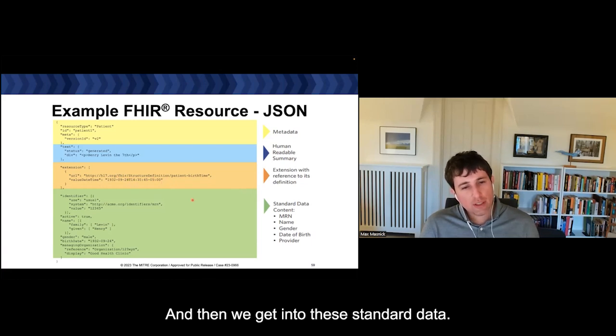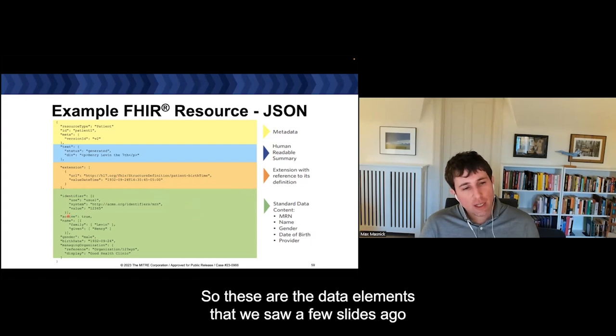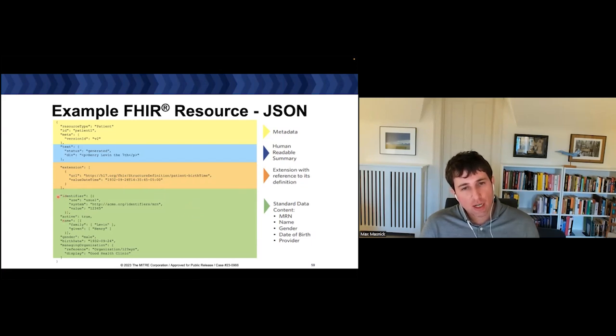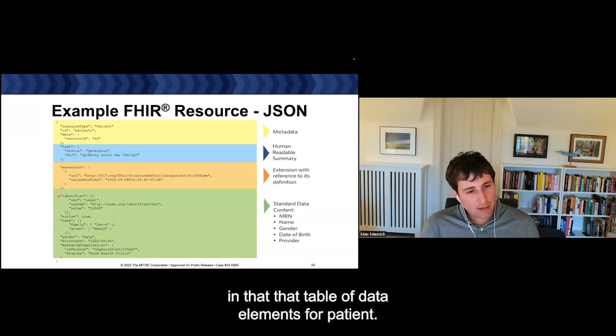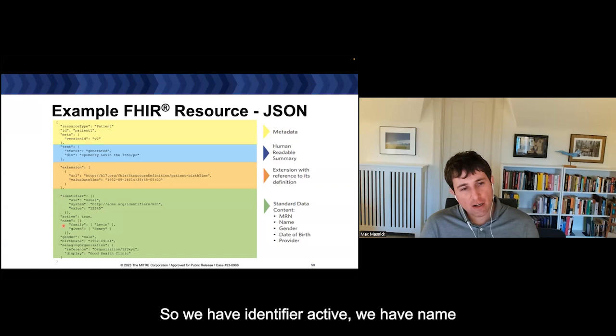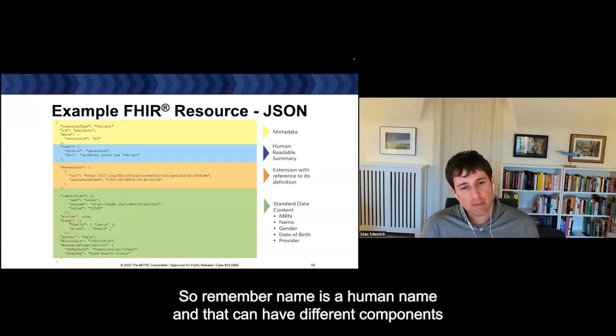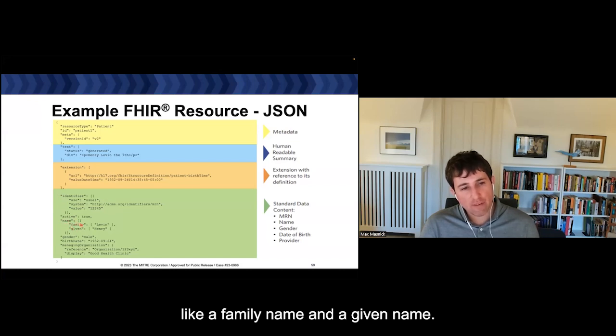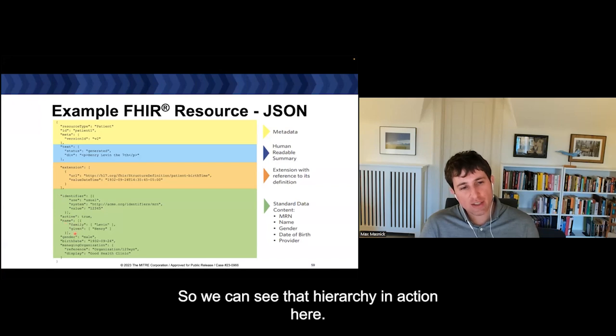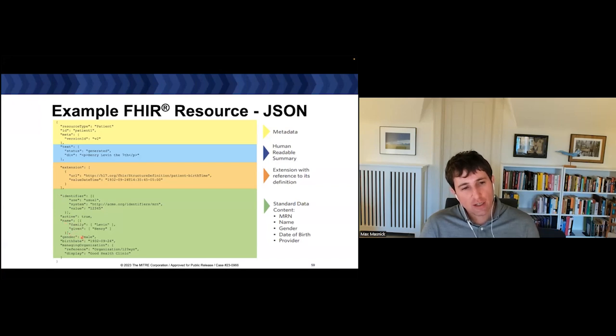And then we get into the standard data. So these are the data elements that we saw a few slides ago in that table of data elements for patient. So we have identifier, active, we have name, and this is an example of that hierarchy. So remember, name is a human name, and that can have different components like a family name and a given name. So we can see that hierarchy in action here.